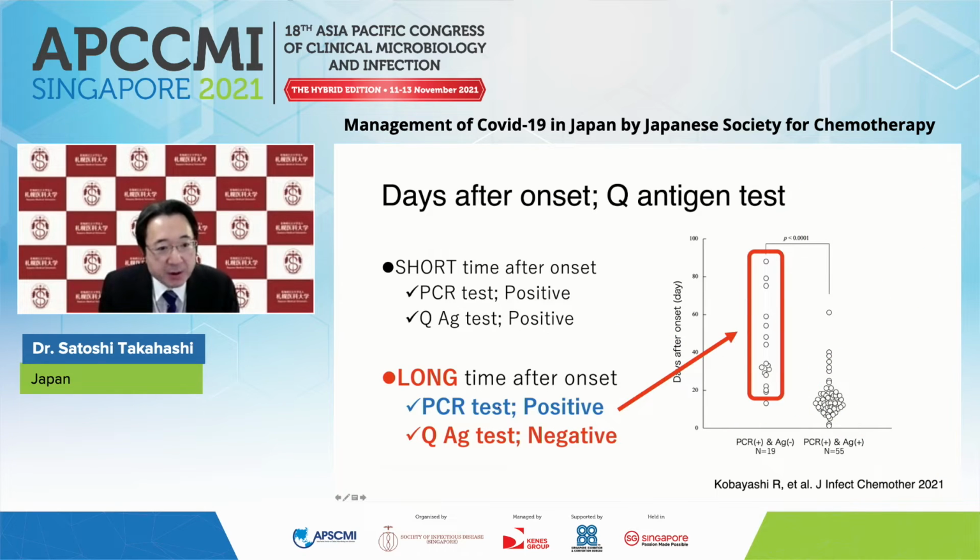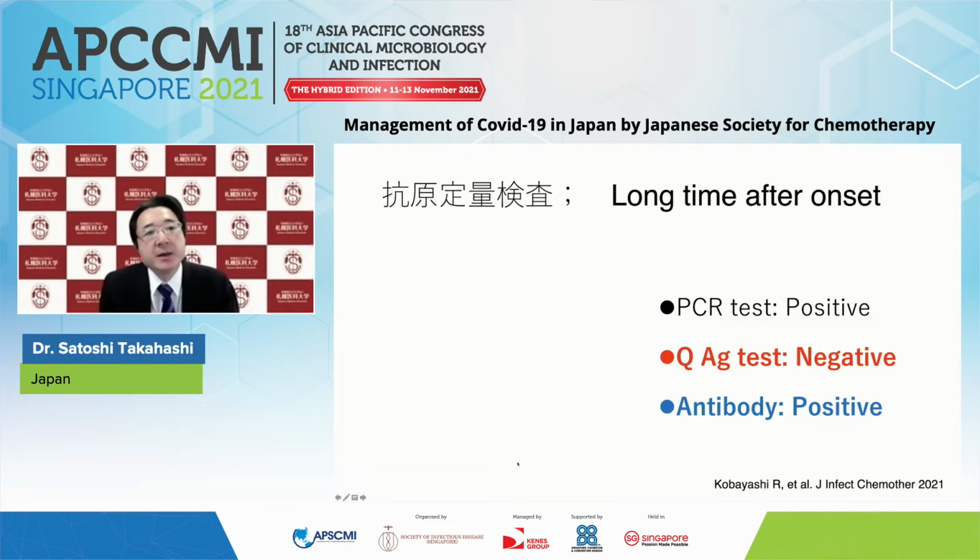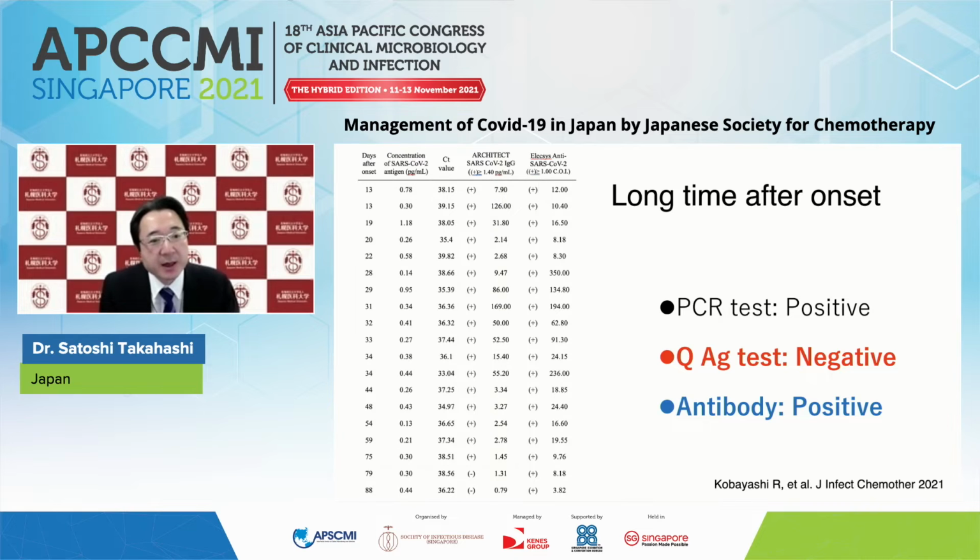However, this group is a long time after onset. So positive by PCR test and negative by the quantitative antigen test. So we checked the antibody in these patients. Positive by PCR test but negative by the quantitative antigen test, the result was mostly positive antibody in these patients.